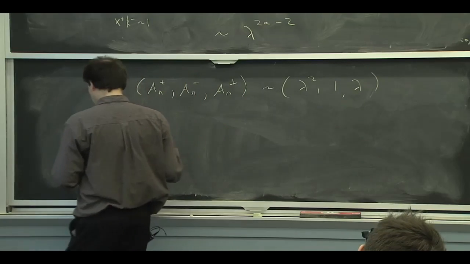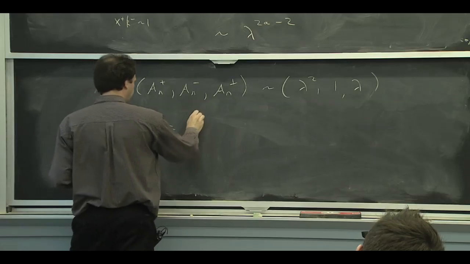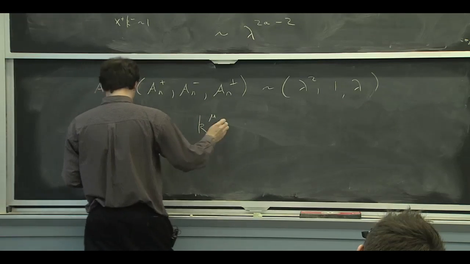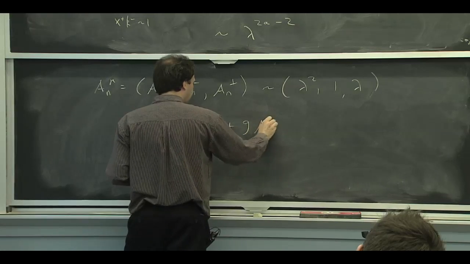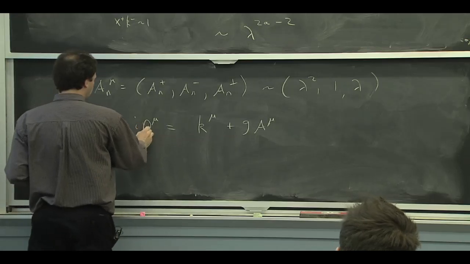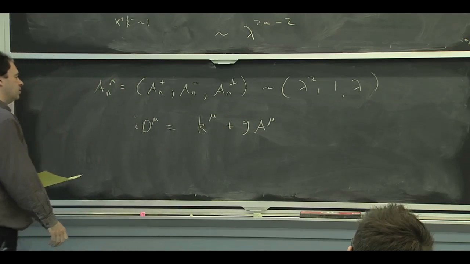And that's also a nice thing because it also means you can form a covariant derivative that's homogeneous by combining together k mu and g A mu. I can get a covariant derivative where for each component of k, I also have a component of the gauge field that's the same size.